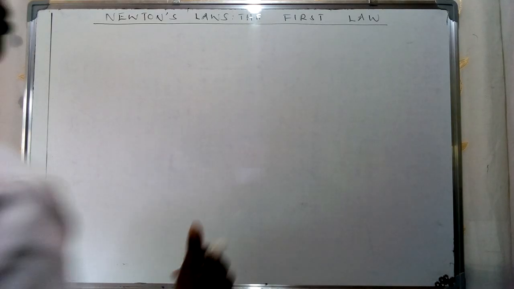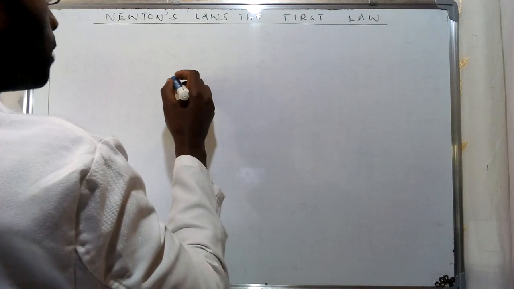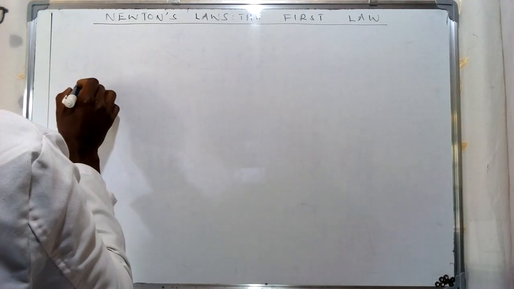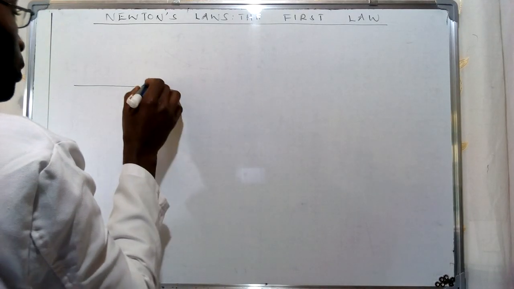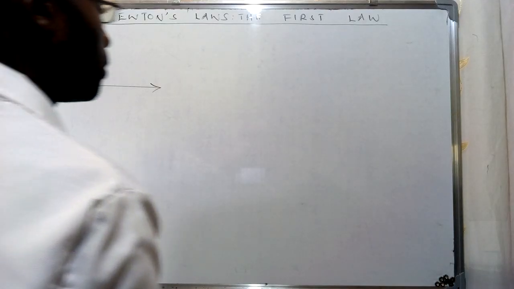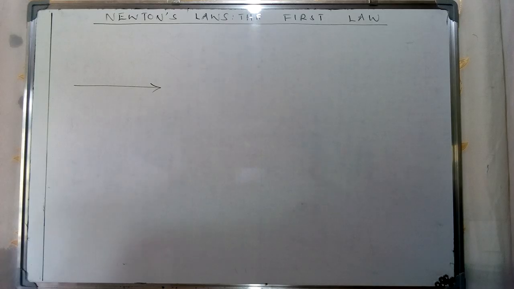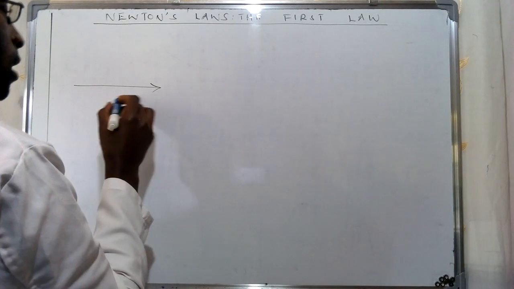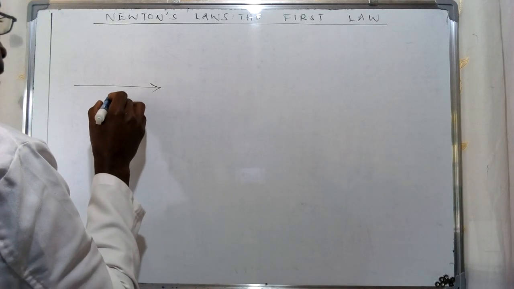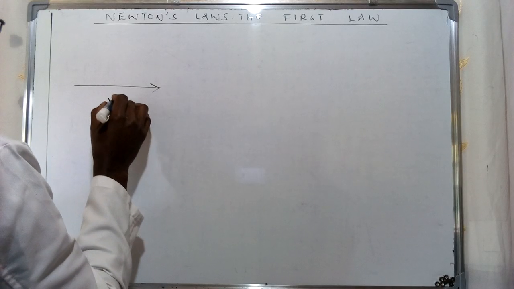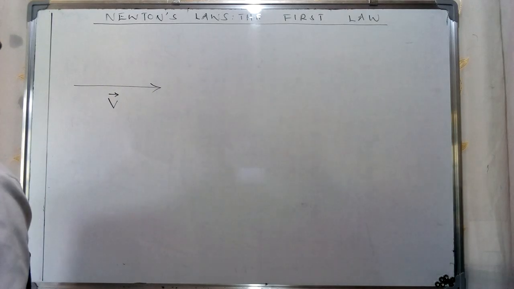Now, in this case, we're going to use the concept of one dimension, which is, of course, going to assist us to develop this specific idea of the Newtonian laws of motion. And of course, they're going to assist us in explaining the subsequent laws, which we are going to look at in a short while. So in this case, we are going to have this specific representation for a vector, whereby we're going to have this represented in terms of a v.